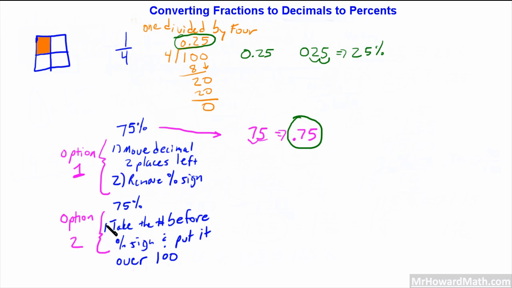Alright, so that's step 1. Step 2, we can reduce it. Reduce it when possible. Okay, so 2 easy steps there.